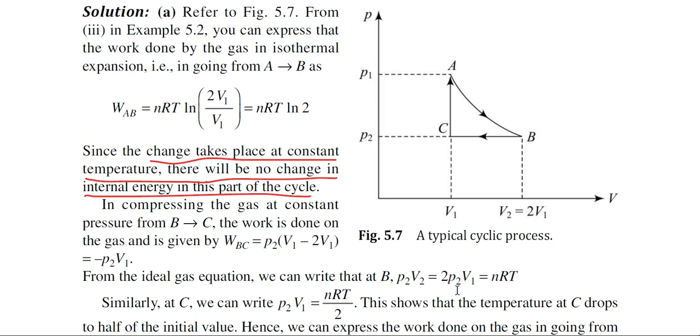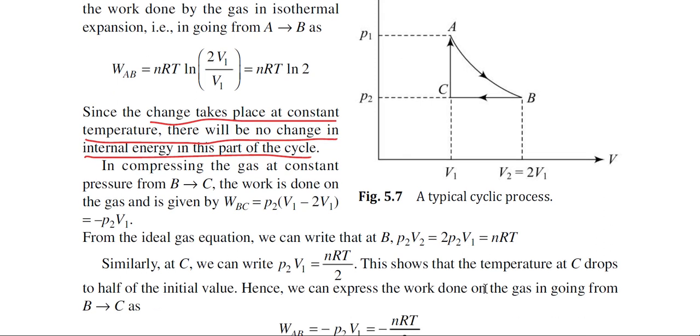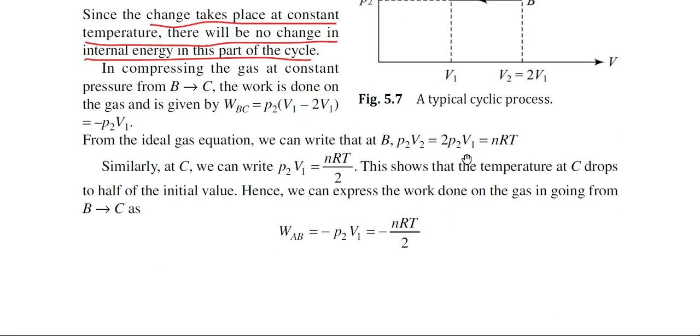Now from the ideal gas equation, PV is equal to nRT. So 2 P2 into V1 is equal to nRT, and we can write P2 into V1 is equal to nRT by 2.